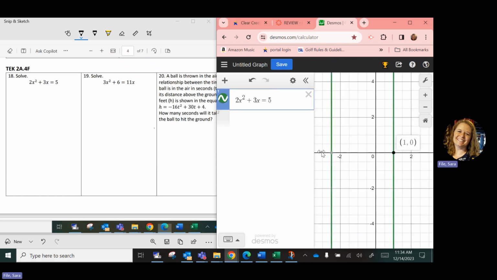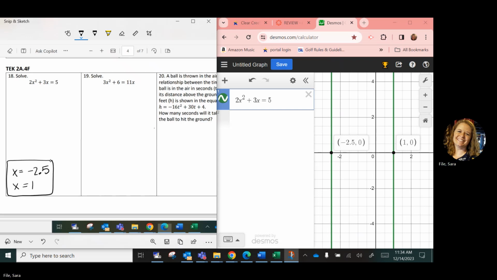Where it crosses the x-axis, those are your solutions. So when it says solve, you have solved. My answers are -2.5 and 1. So the way that I would write that over here is I would say x equals -2.5 and x equals 1.